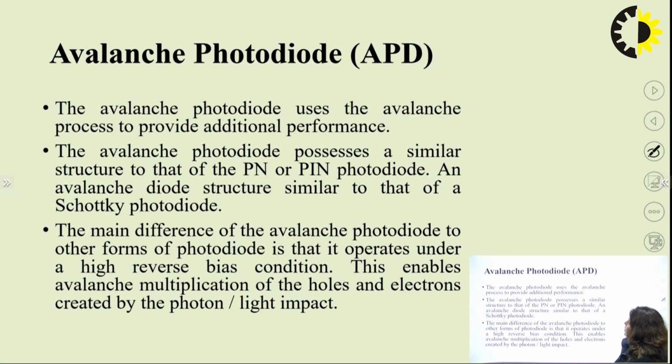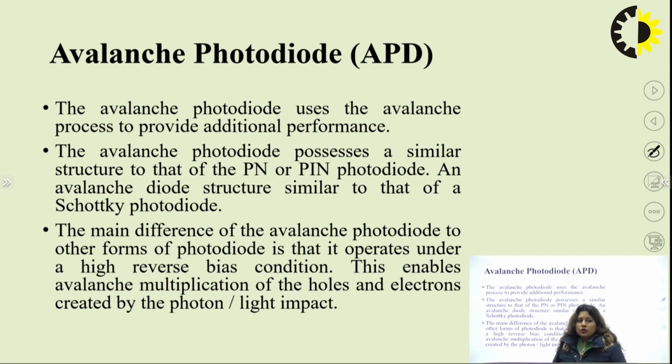So the next category of photodetectors is the avalanche photodiode. We have already discussed avalanche gain. The pin photodiode doesn't have a particular type of gain as compared to the avalanche photodiode. The avalanche photodiode has the same structure as the pin structure, but it has a gain mechanism.